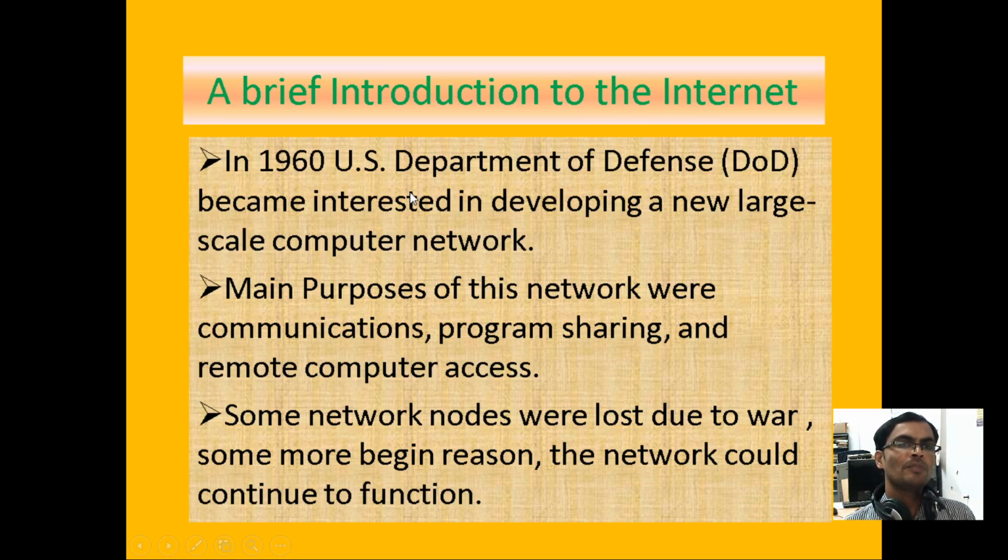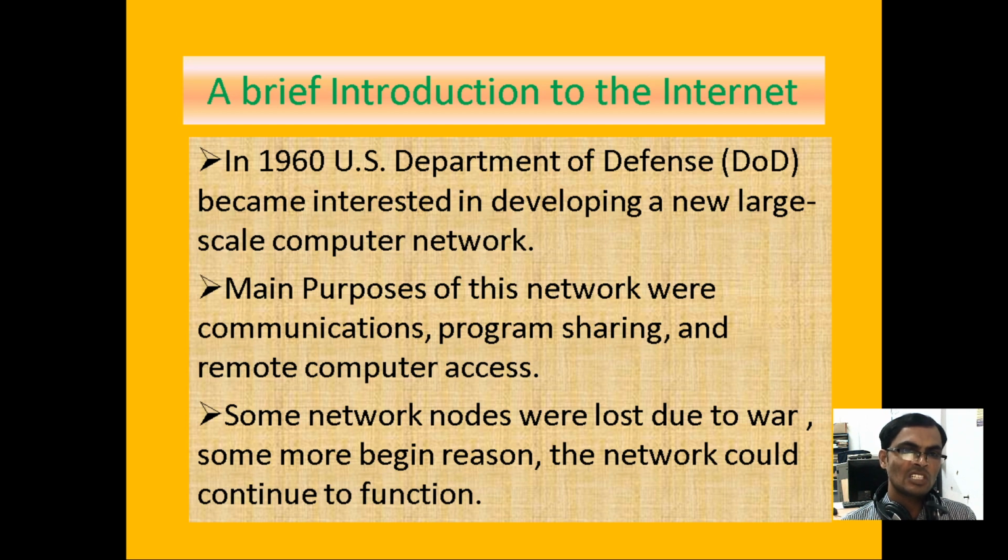Now coming to the brief introduction to the internet. In the 1960s, research was being done under the Department of Defense. The main purpose of this research was communication, program sharing and remote access.